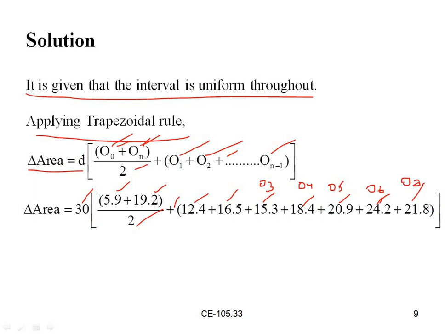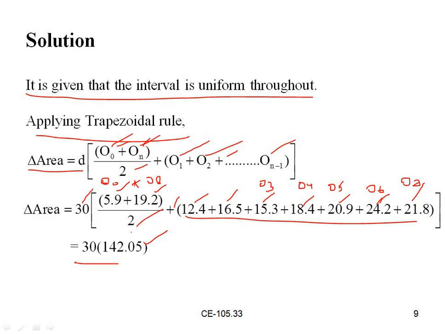So totally, O0 plus On means O0 plus O8. So these are the offsets we have taken. Area is equal to 30 into, adding all these, 12.4 plus 16.5 plus 15.3 plus 18.4 plus 20.9 plus 24.2 plus 21.8.